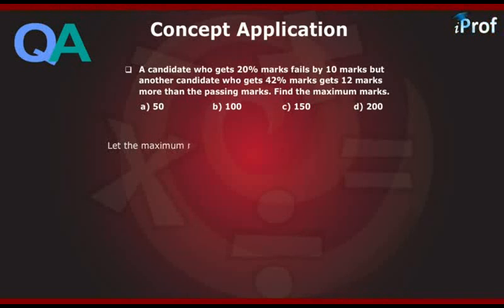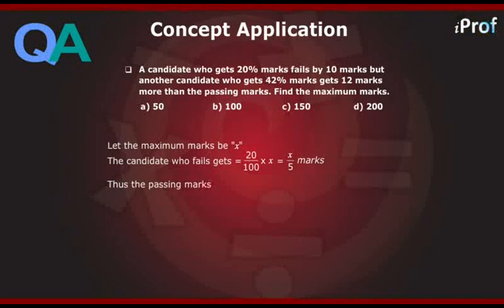Let the maximum marks be X. Thus the candidate who fails gets 20 divided by 100 into X, which is equal to X by 5 marks. Since he has failed by 10 marks, we get the passing marks to be equal to X by 5 plus 10.